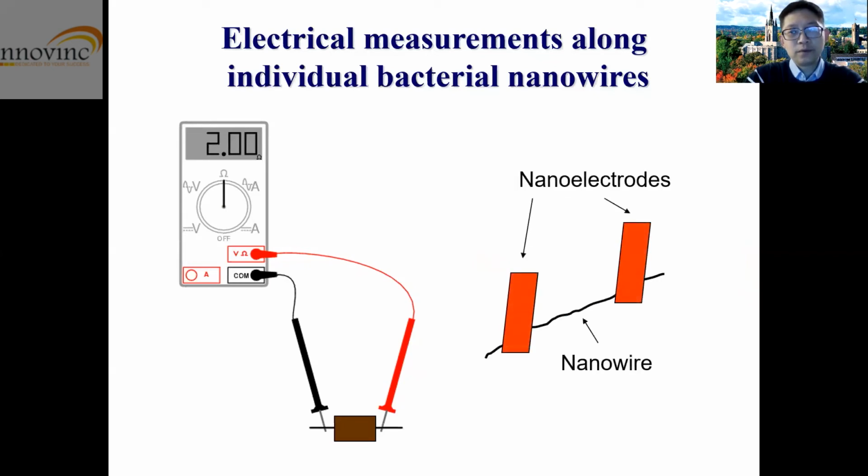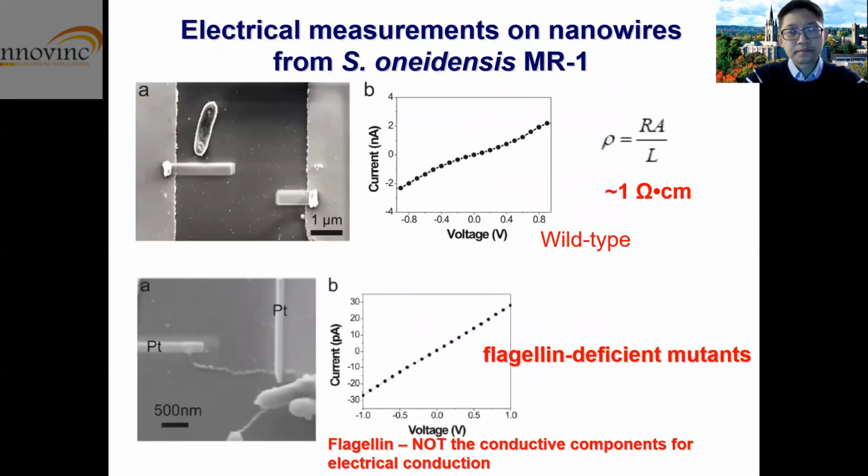For example, you place the electrodes on the bacterial nanowire and then apply a voltage and then measure current. In reality, since the bacterial nanowire is not very long, we cannot place big electrodes and use a voltage meter or multimeter to do this measurement.